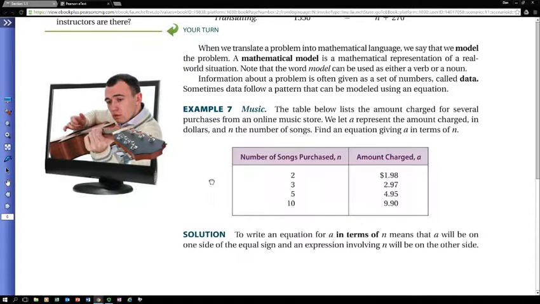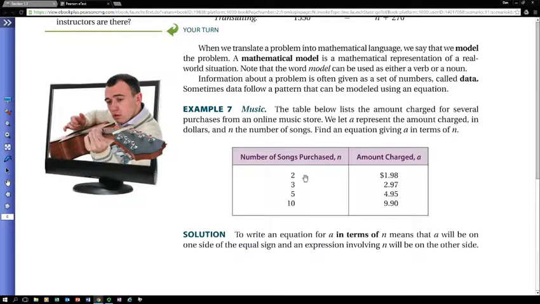Another way they can give us a word problem is to say, here's some data, right? Here's information we know. I put in so many of these numbers and I get these values out. And they want us to find an equation. So to write an equation for A in terms of n, A will be on one side of the equal sign and the expression involving n will be on the other side.